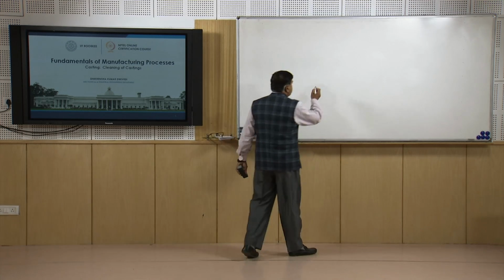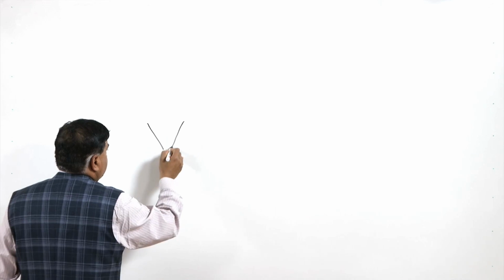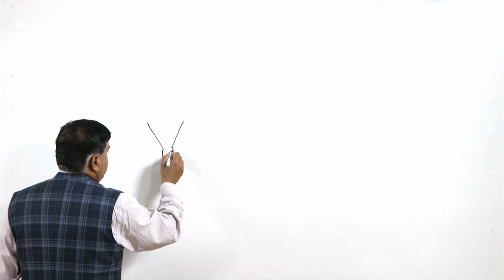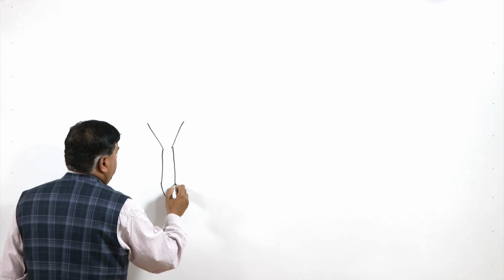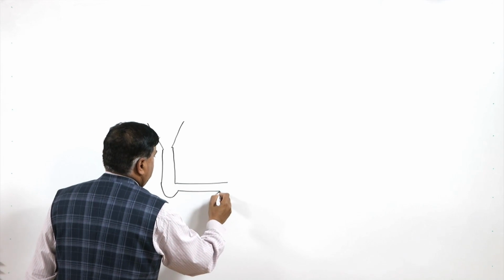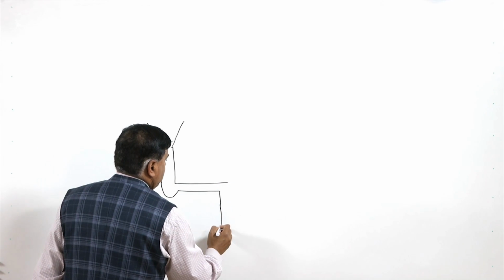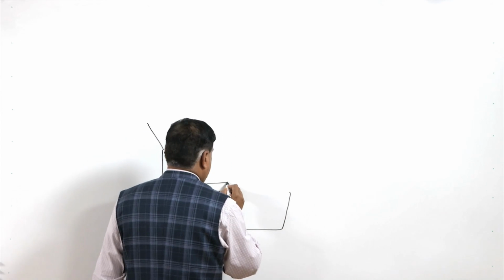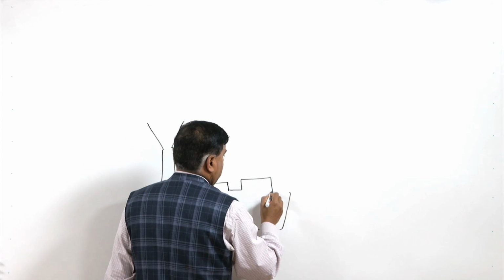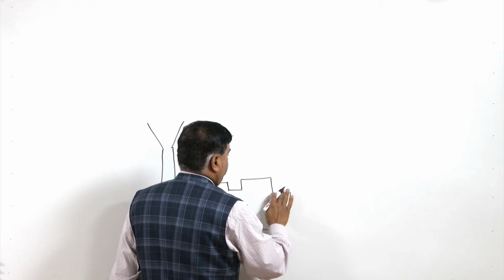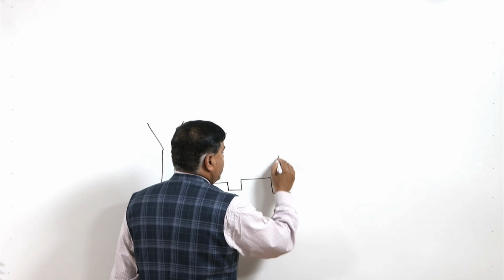So basically it constitutes the different parts like this: sprue, base, runner, ingate, mold cavity, ingate, and here we may have riser.